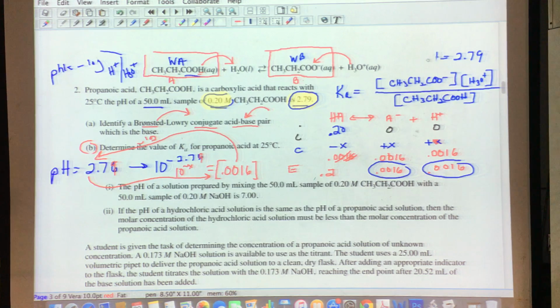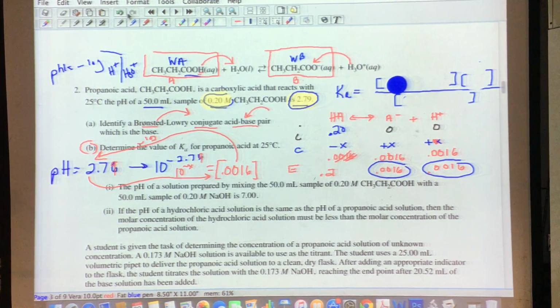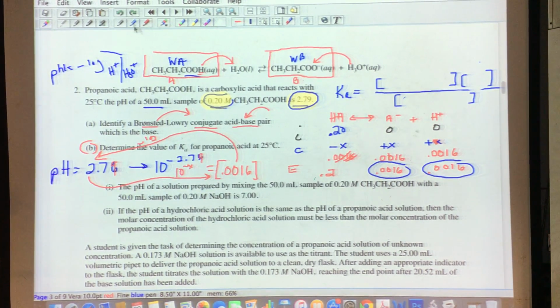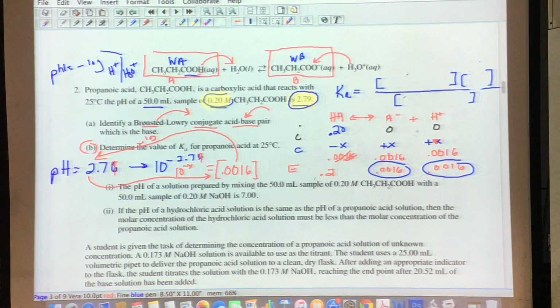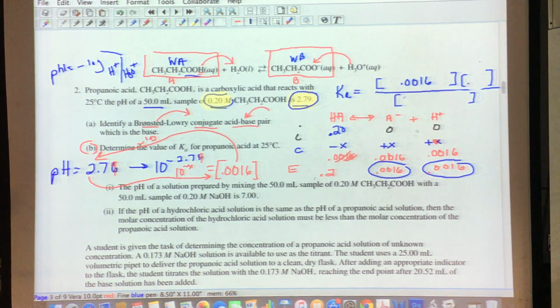So now, I'm going to solve for Ka. I'm just going to plug them in. And let's do that. So I take my 0.0016, square it, or just times it by itself, all over 0.2.